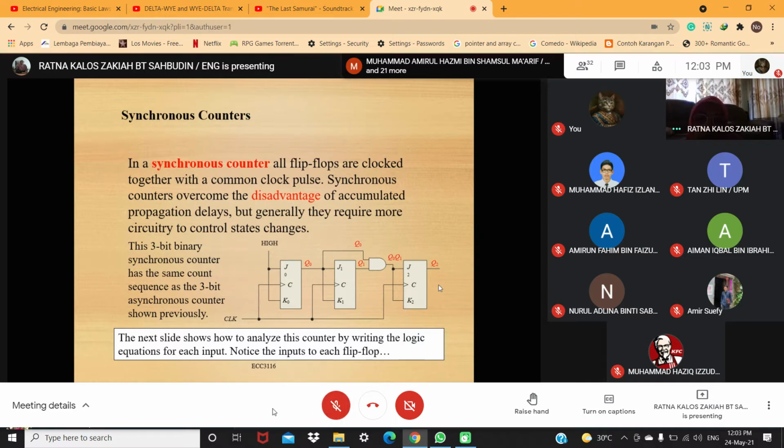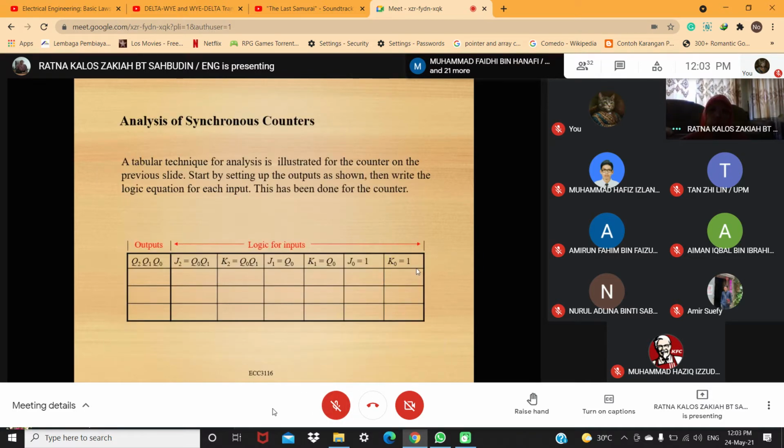Notice the inputs to each flip-flop. Okay, this is how to design. Now we are going to design a counter using the flip-flop. So now a tabular technique for analysis is illustrated for the counter on the previous slide.